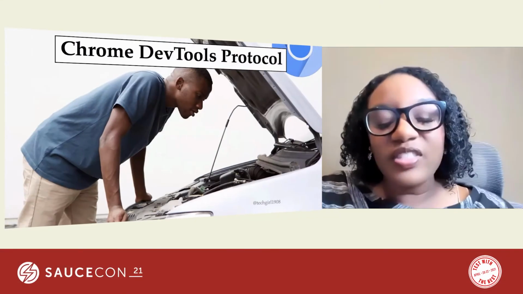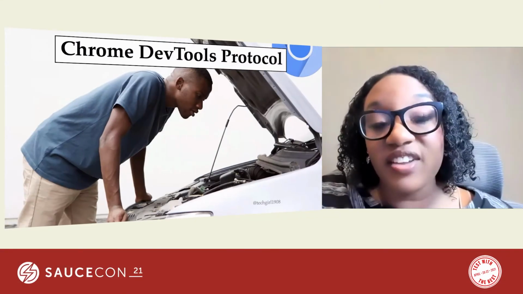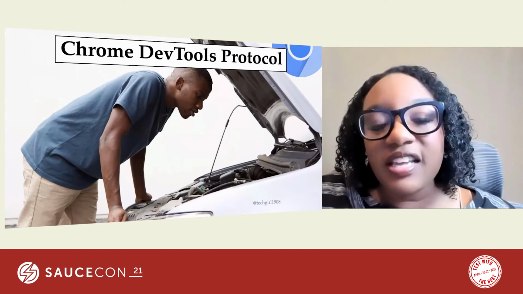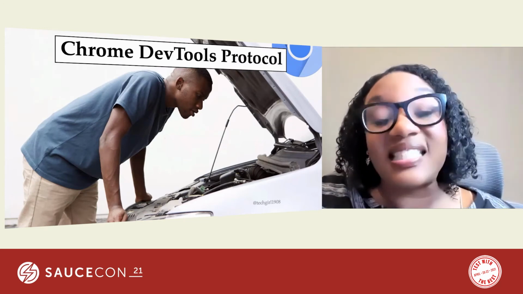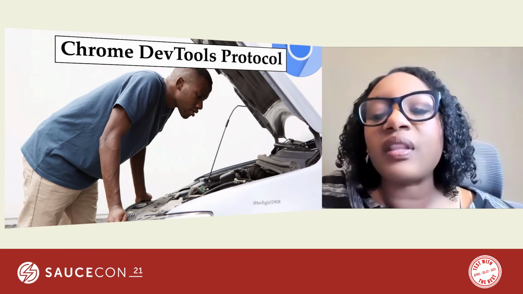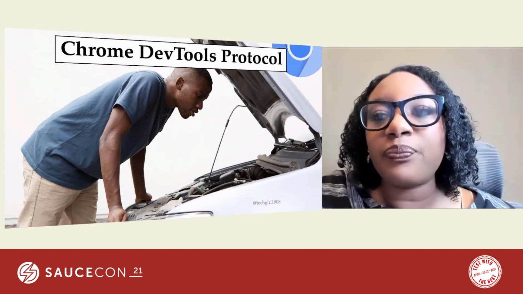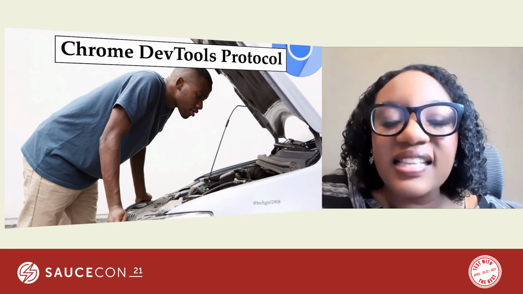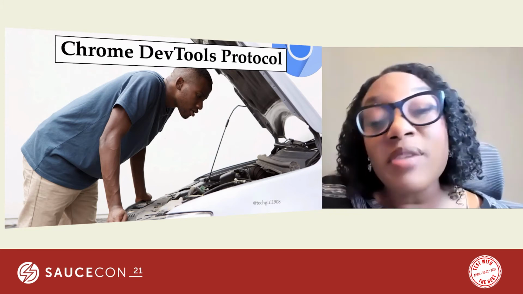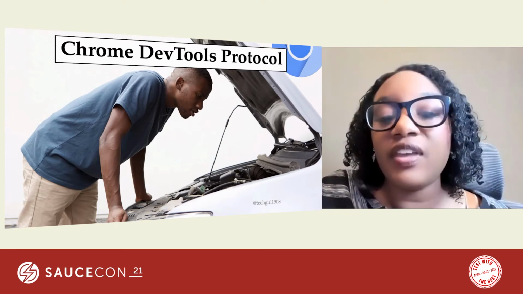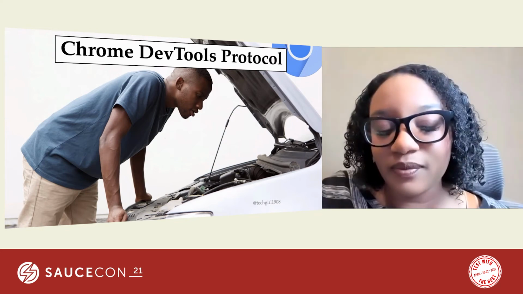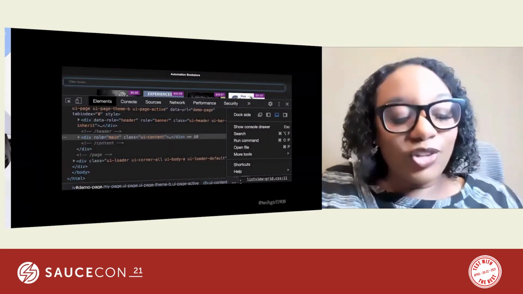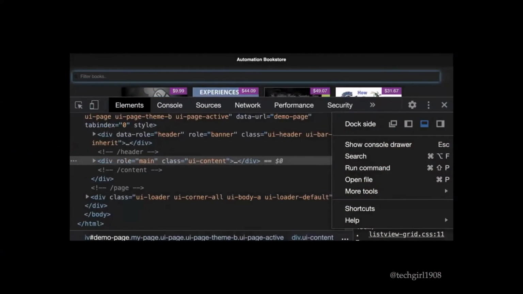All right, so this next feature is very exciting. It's Chrome DevTools Protocol, or CDP for short. This is essentially a set of tools that enables you to access and control Chromium-based browsers via Chrome DevTools, all right? Now, you know what Chrome DevTools is. That's the place where you go and inspect elements to find their locators.